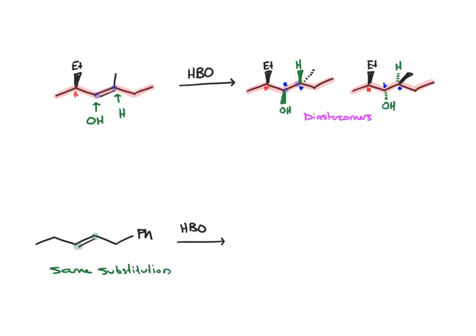That doesn't mean you're not going to get a reaction, but it does mean you're not going to get selectivity. Meaning you're going to have H added here and OH here, and vice versa, H here and OH here. So let's draw the outcomes of that.